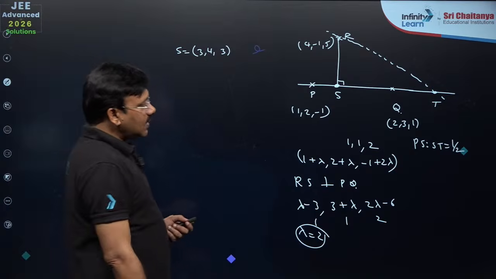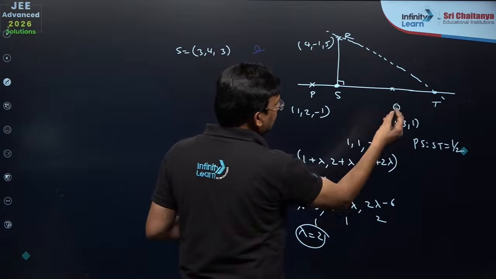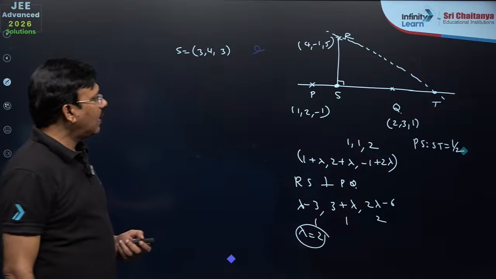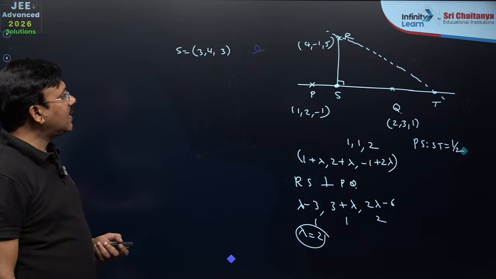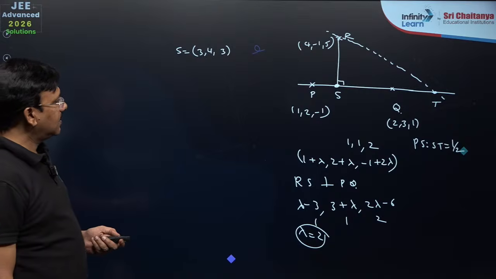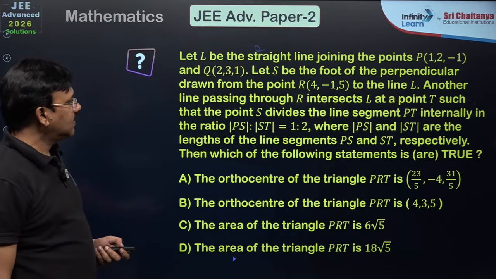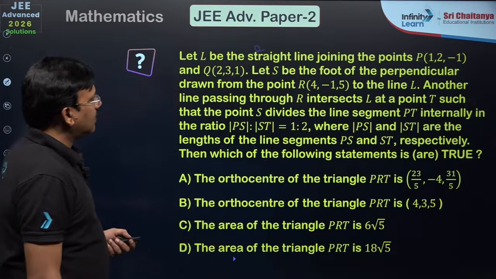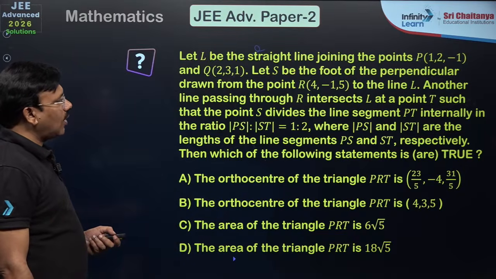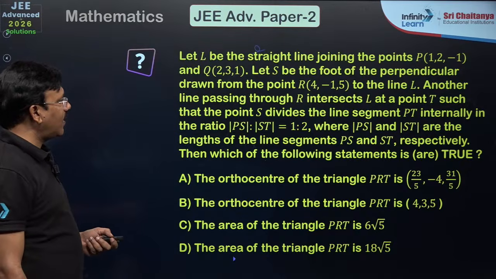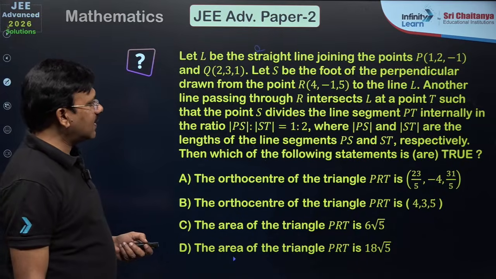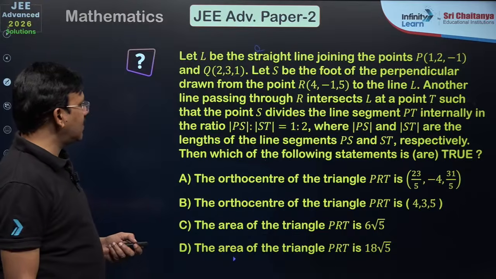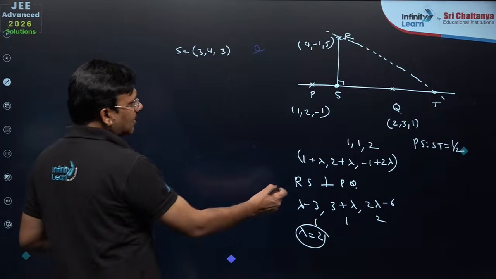Now T point we don't know and we need to find. One more thing he has given, there is a line passing through R which intersects the line at the point T such that S divides the line segment PT internally in the ratio 1:2.